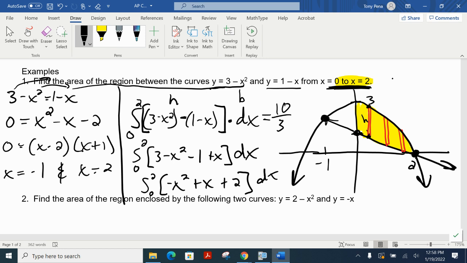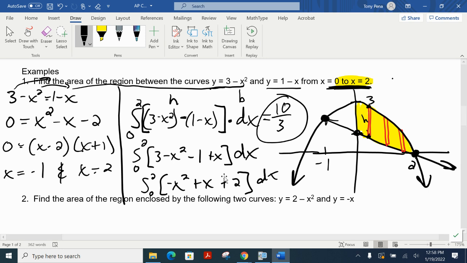So 10/3, 3 1/3. If you give me decimals, you got to stick to that 3 decimal rule. Make sure you put 3 of the decimals in there. But that should be the area in that region. Okay. If you don't get it, check your parentheses. If you use this method, make sure you distributed, things like that. All right. Any issues with that?